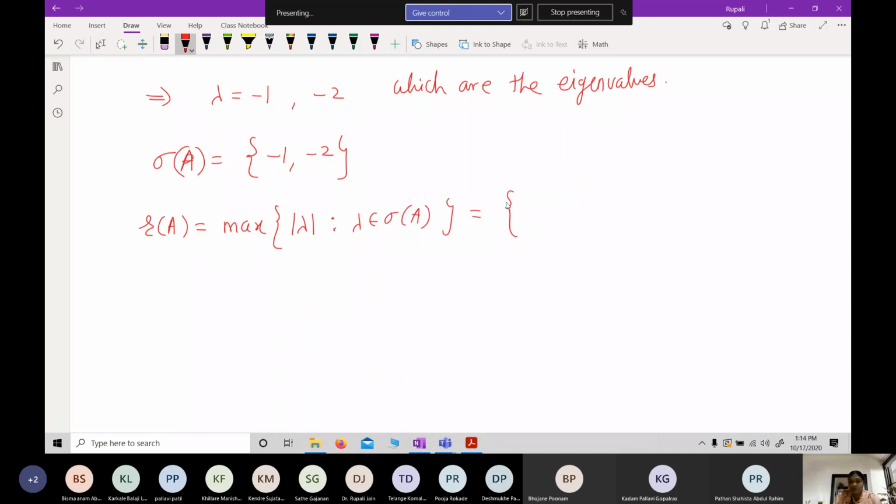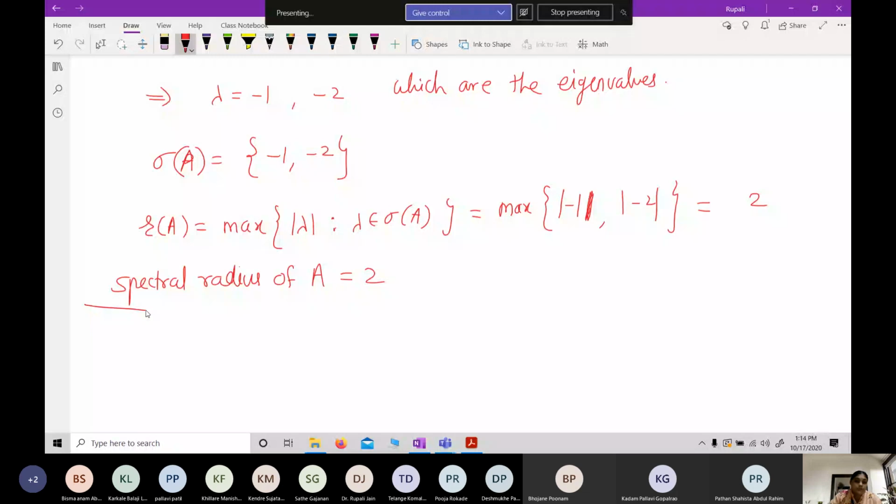Maximum of mod of minus 1, mod of minus 2. What is that then? It is 2. So the spectral radius of A is 2.